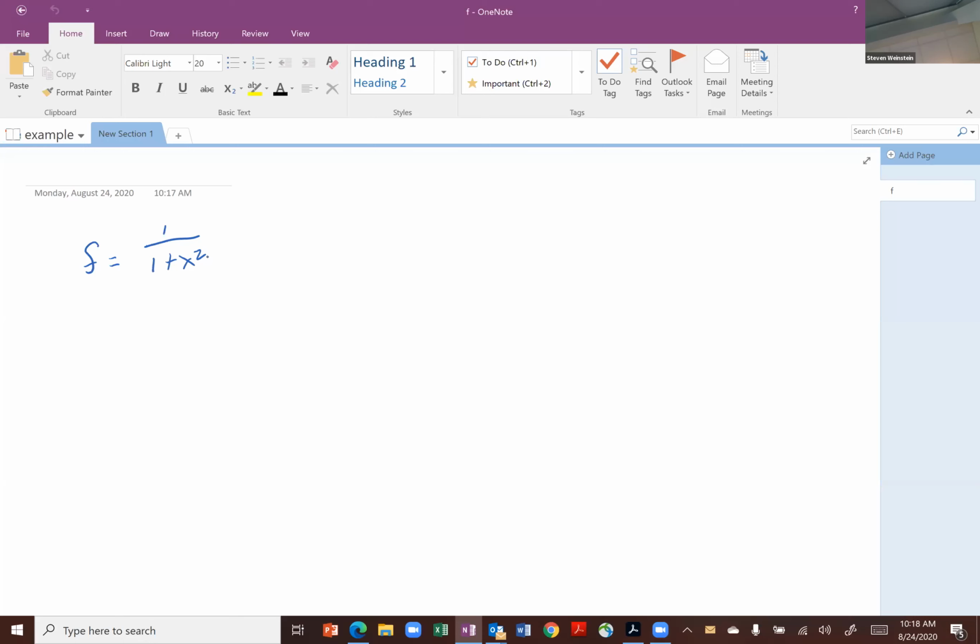Now, if you Taylor series expand this, you're going to get 1 minus x squared plus x to the 4th minus x to the 6th plus dot, dot, dot. And you'll find that the radius of convergence of this series, if you use the ratio test, is 1.